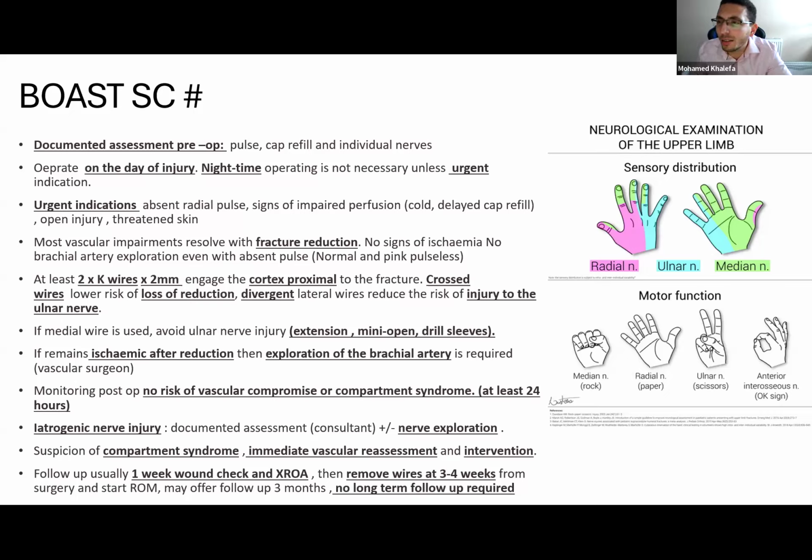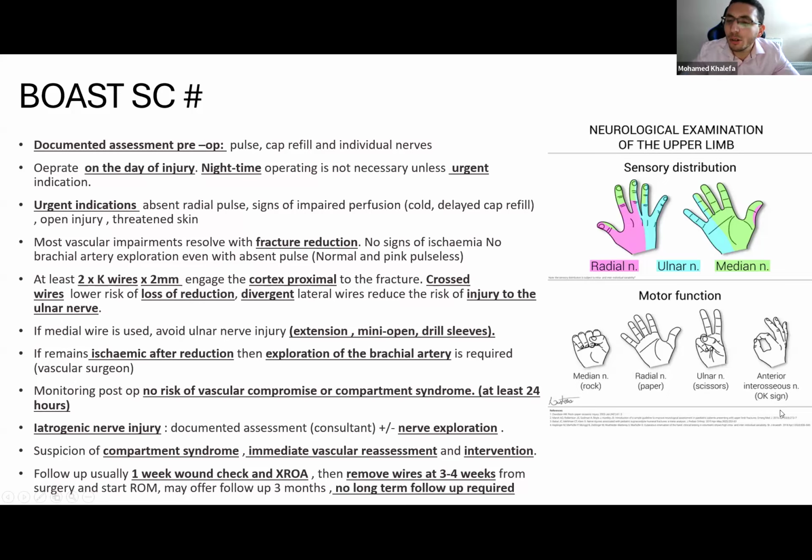And again, remember, these are children. So you have to find something easy, and you have to appear slick, as if you've done this before. For sensation, you can ask older children to feel some sensation, but in real life they will be in a lot of pain and afraid, so it might not be reliable. For motor function, you can say rock, paper, scissors, okay sign.